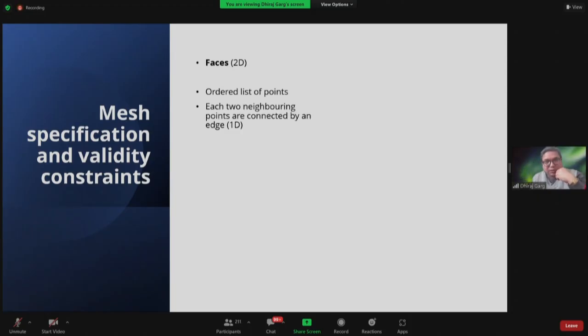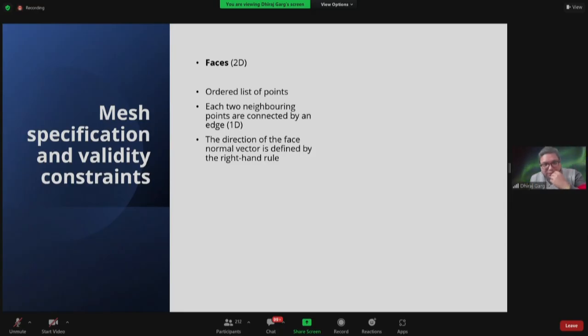The importance of order is that when you connect two neighboring points in the list, it creates an edge. An edge is a one dimensional structure, just like a line segment. Once the edges connect back to the origin, the face is completed. Once a face is created, it's like a plane, and every plane has a direction which is represented by a normal vector.